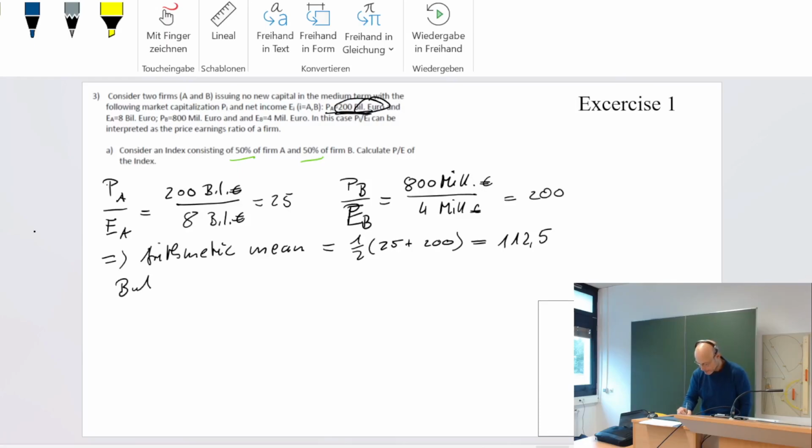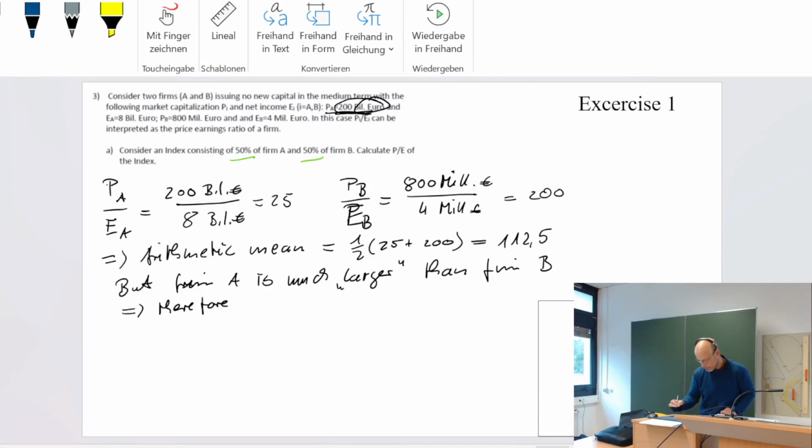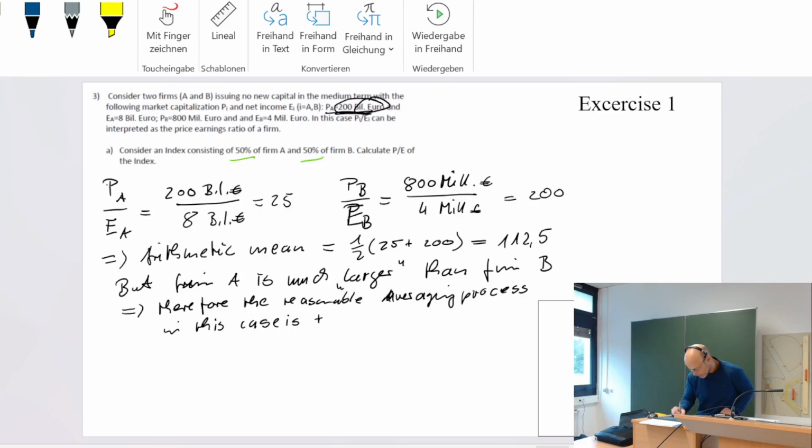So, firm A is much larger than firm B, and therefore the reasonable averaging process in this case is taking the harmonic mean.